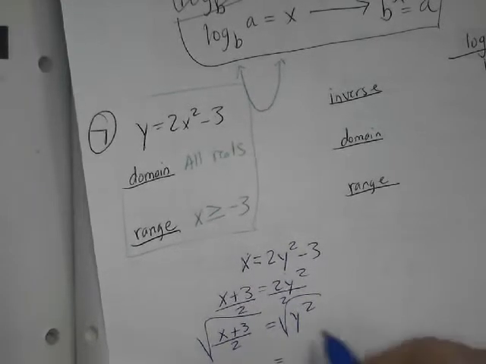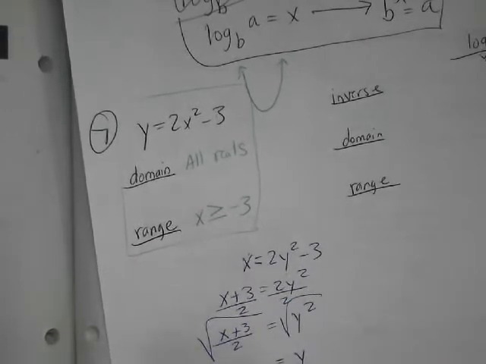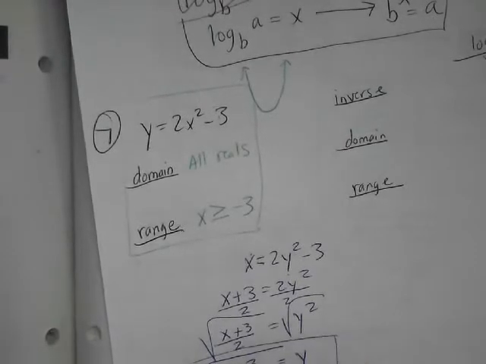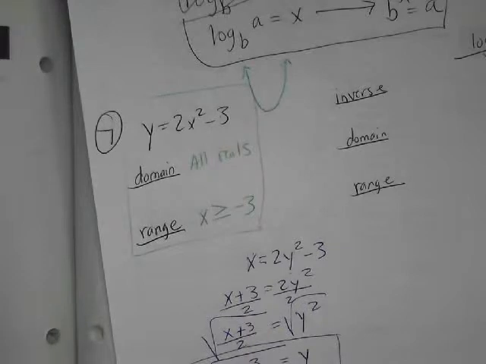And it's going to have a plus or minus on it, because when you do that, you get the plus or minus. So y is equal to plus or minus the square root of x plus 3 all over 2. So not a very good looking function. Or we don't even know if it's a function. It's a relation, right? It actually wouldn't be a function because it wouldn't pass the vertical line test.